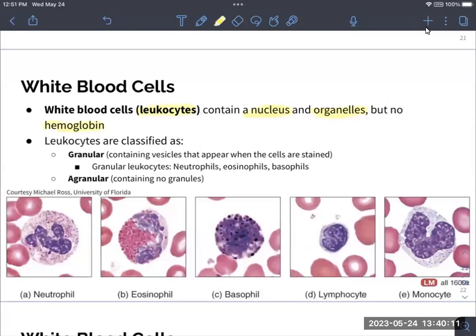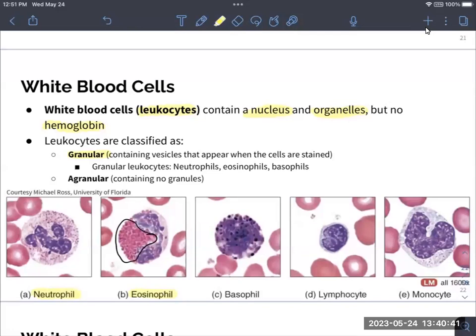Our leukocytes, or white blood cells, are classified into 2 different categories. Granular, or granulocytes, as they're also called, because when they're stained, they have more of these little granules in them. So these neutrophils, all these little dots, are considered those granules. Those eosinophils, especially right through here, you really see all of those little dots.